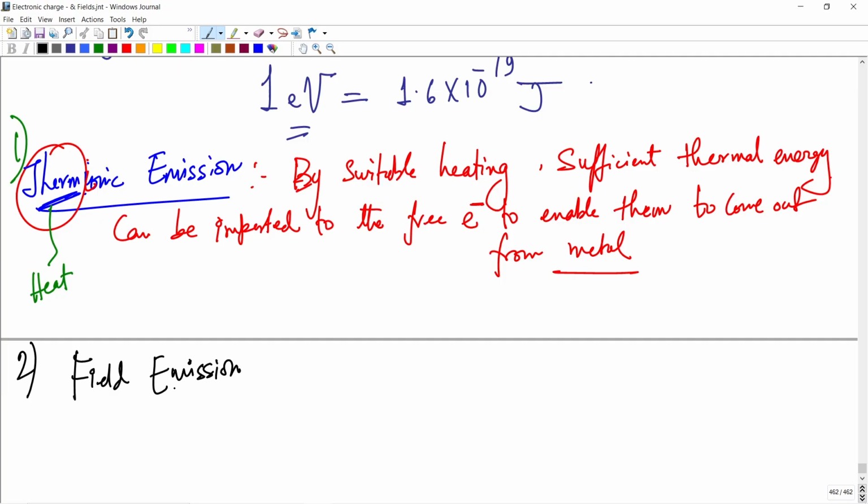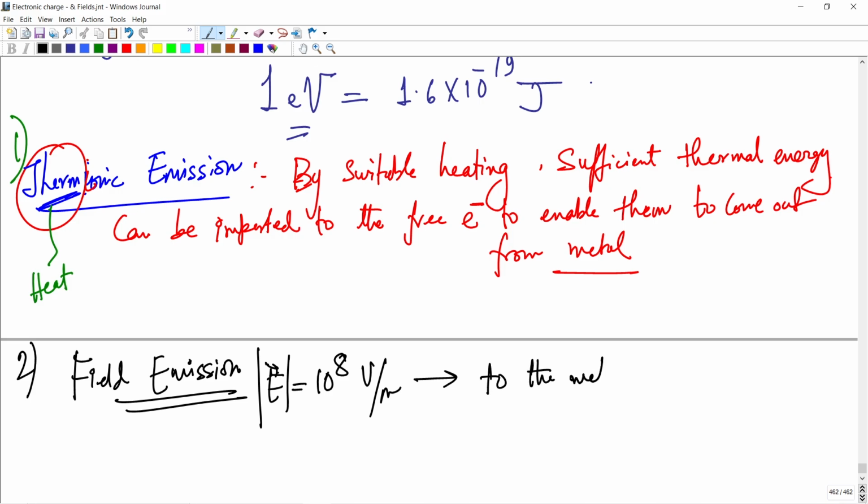It means we apply some strong electric field, approximately 10 to the power 8 volt per meter, to the metal, and the metal has some free electrons. The electrons can be pulled out of the metal, like a spark plug.